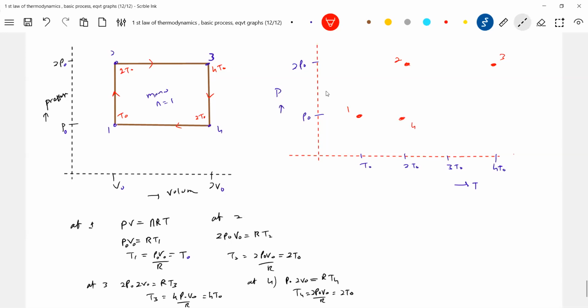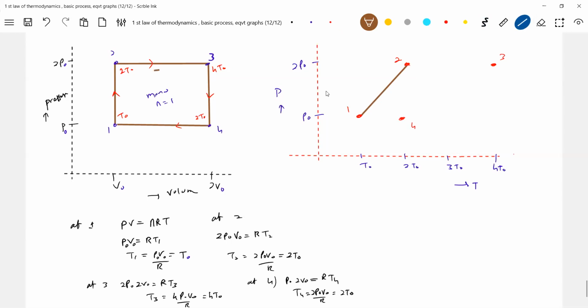Okay, let's go for the curve now. The curve has to be brought here. Okay, what is 1, 2? Isochoric process, no? It is an isochoric process. What will be constant? Volume will be constant. And in the PT graph, it's a straight line passing through origin.